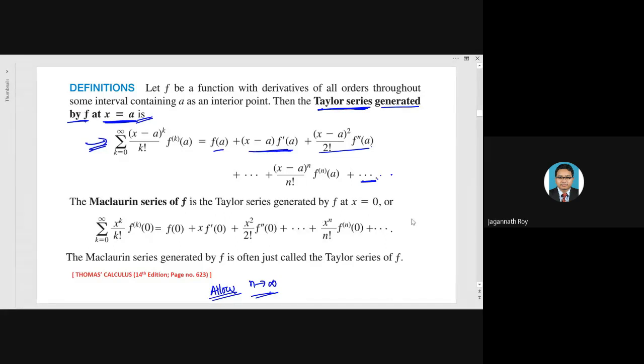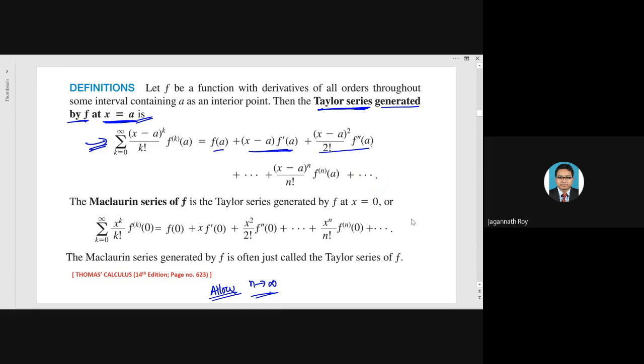In fact, you have studied the meaning of series. When we have finite numbers of terms, we call it Taylor's theorem. Once we allow n tends to infinity, we call it a Taylor series.